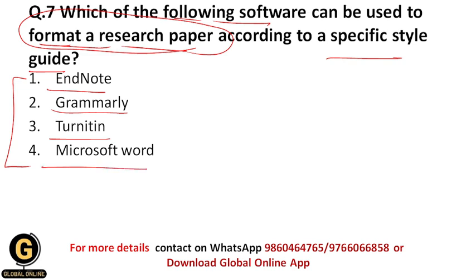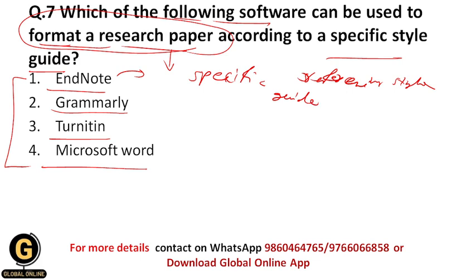So students, as you know that EndNote is a reference management software, and that's why you can organize lots of references by using EndNote in a research paper according to a specific referencing style guide. Okay, so this is your correct answer, because EndNote is a software that can be used to format a research paper according to a specific referencing style guide.